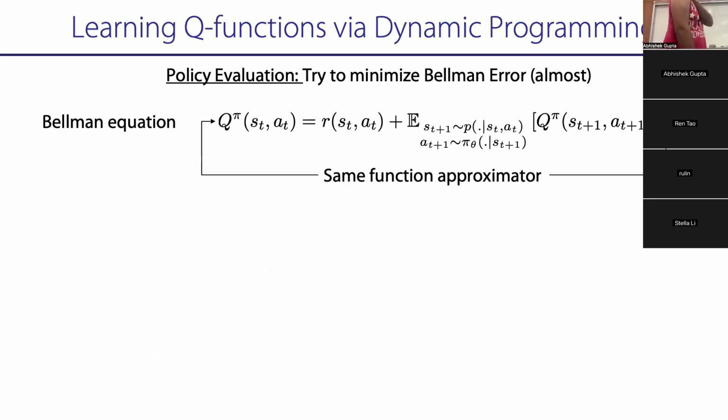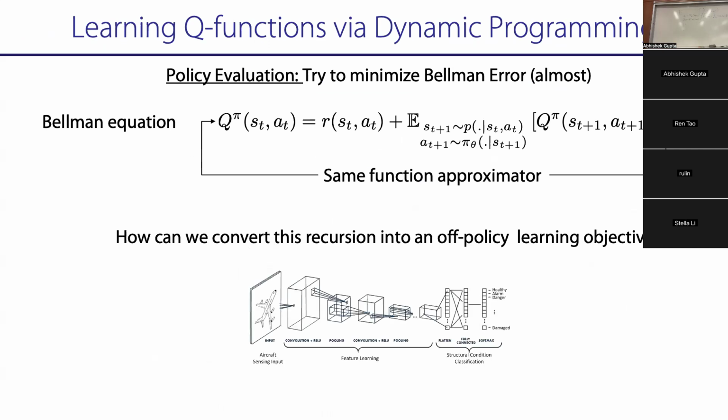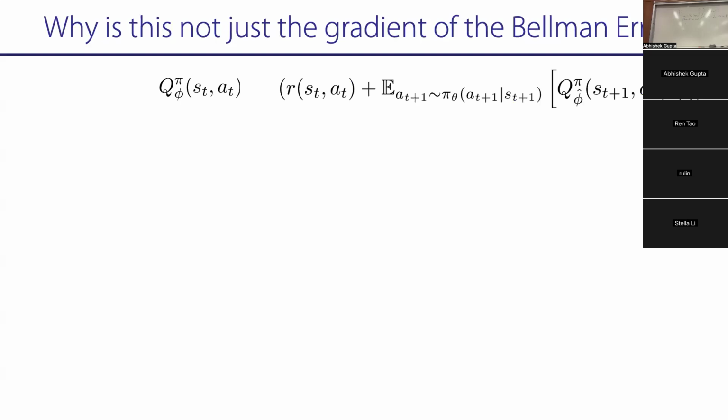Essentially we're going to convert this into an update the same way as before. You have Q pi of ST, AT. You want it to be as similar as possible to R of ST, AT plus the expected Q at ST plus 1 sampled from your dynamics, and AT plus 1 sampled from your policy.